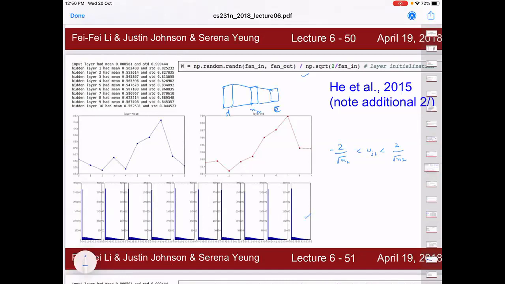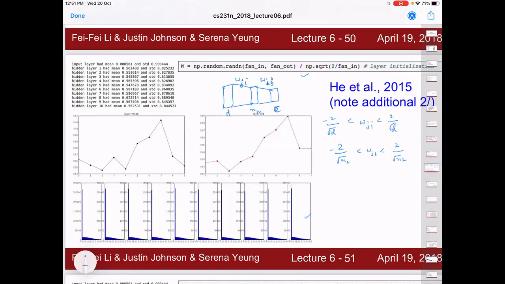Then the wjk are initialized in this way, and wji are initialized. What is the range with which we initialize wji? They will be initialized from -2 by root d to 2 by root d.